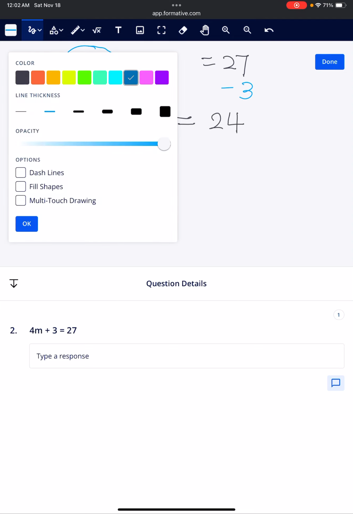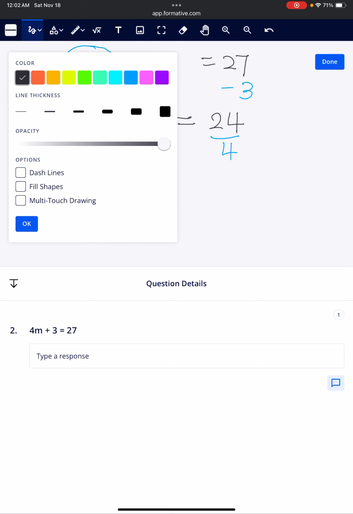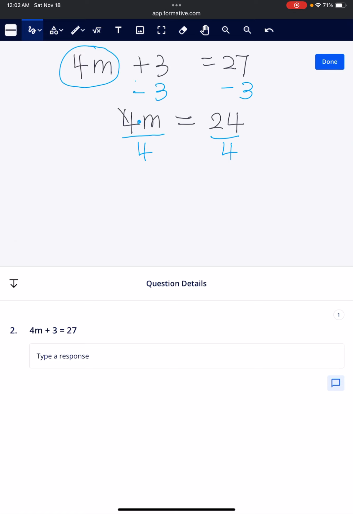Now you're going to get rid of its coefficient 4. It's 4 times m, so you need to divide both sides by 4. Then you will be left with just m on your left side, and the right side value becomes 6.